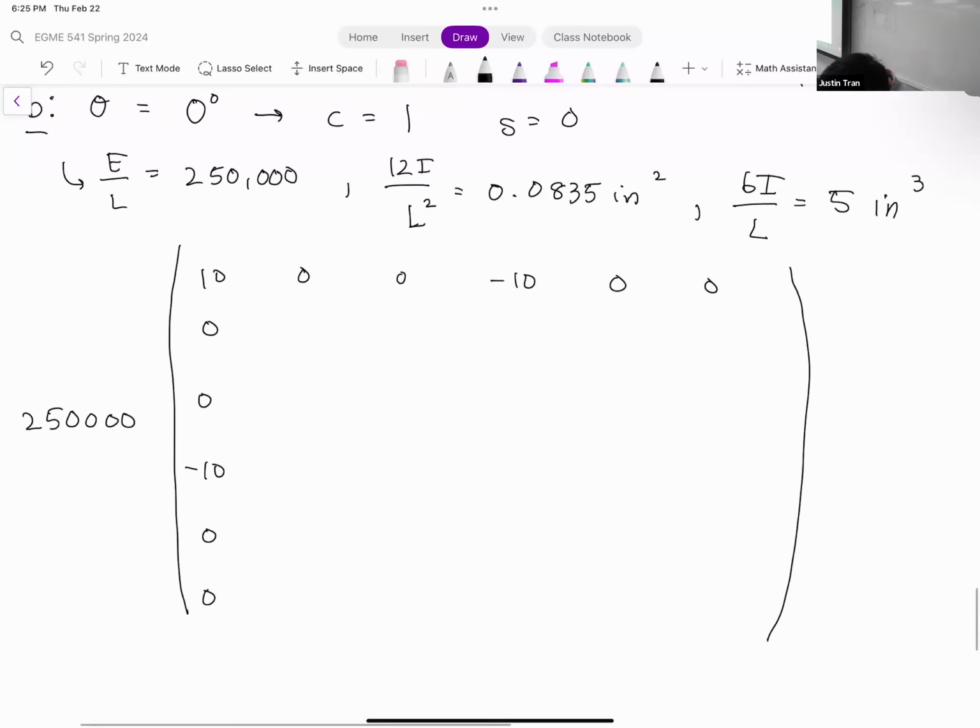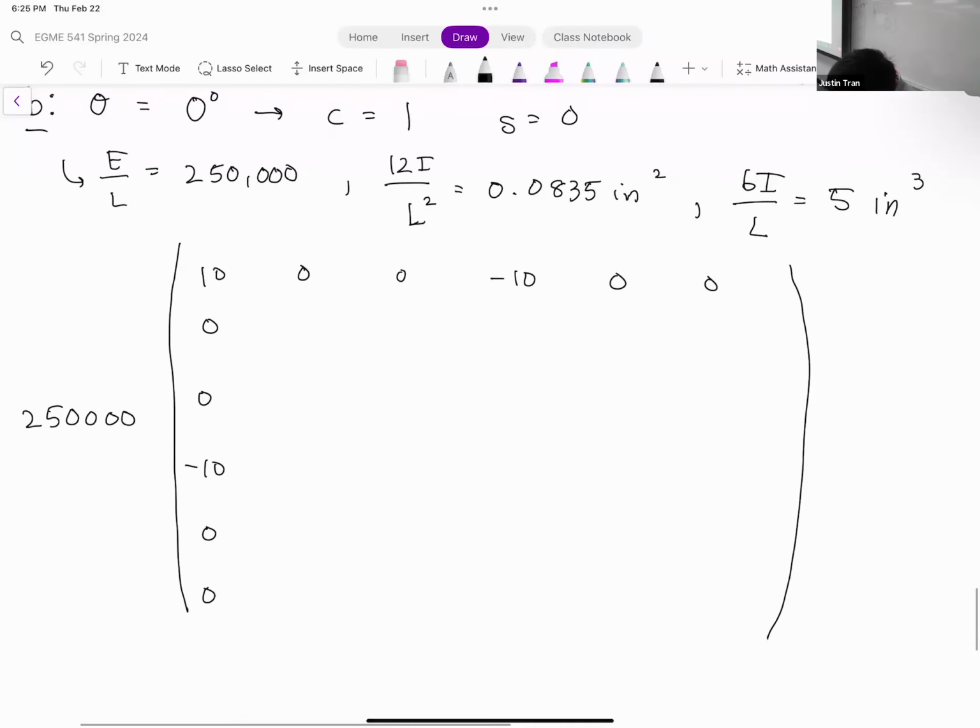Second row, we have 0.0835, 5, minus 0.0835, oops, there's a 0 under here, 0.0835 and then 5. Let's write that into the second column.